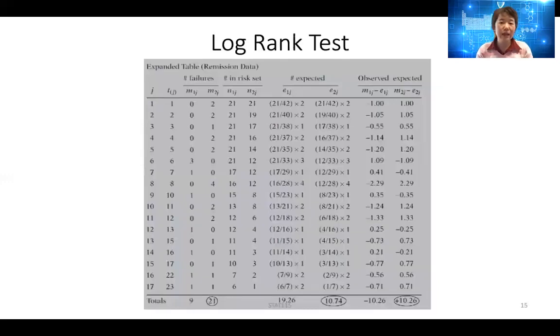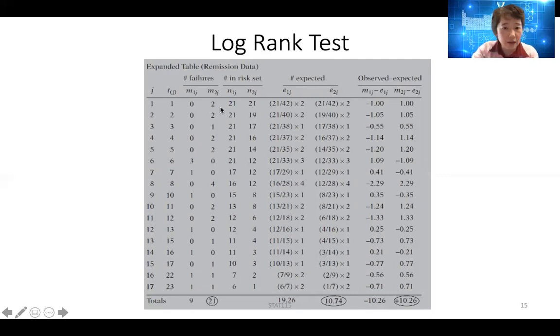But if you want to see how some of the probabilities are calculated for survival, there are two types of tests you could do. One is a log rank test. You can see here, each row is an event, either a day or week, the time point that you are looking at.